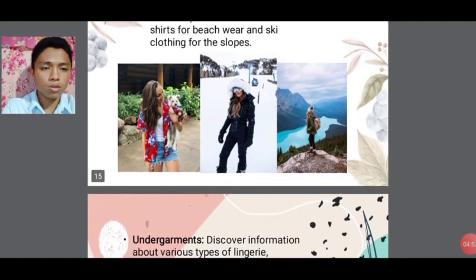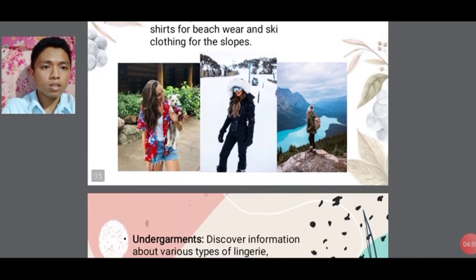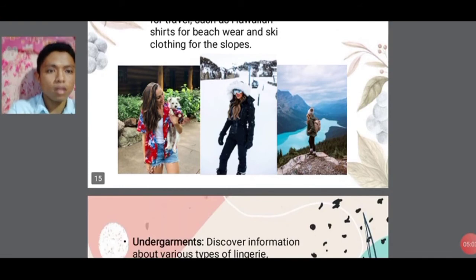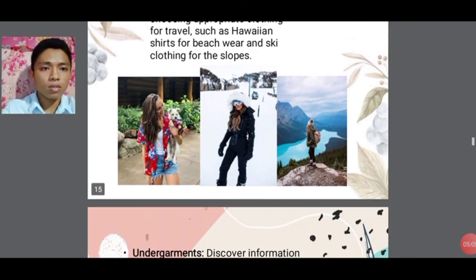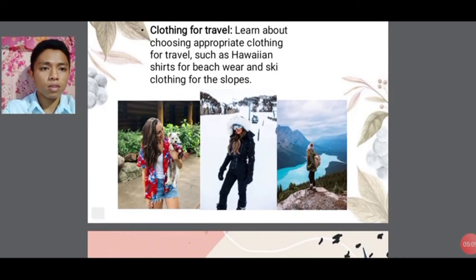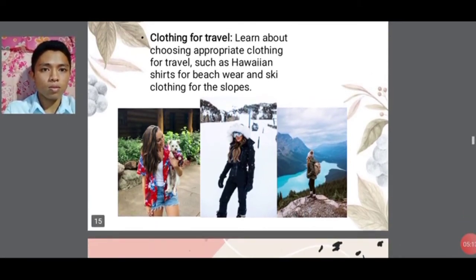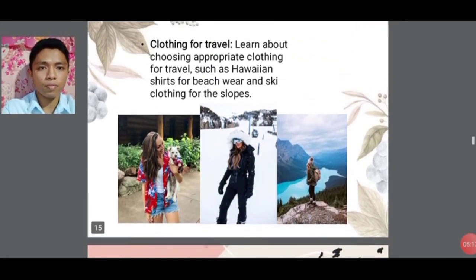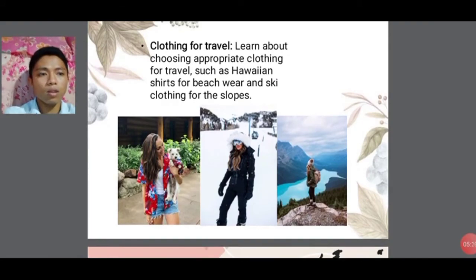So kailangan talang magsuot ng mga matataas at makakapal na mga suotan, kagaya ng nasa gitna. So it is an appropriate ski clothing for the slopes. So that would be the clothing for travel. So that would be all.